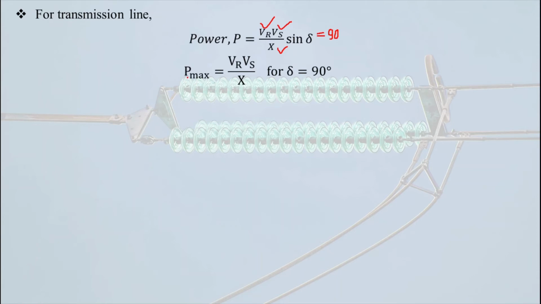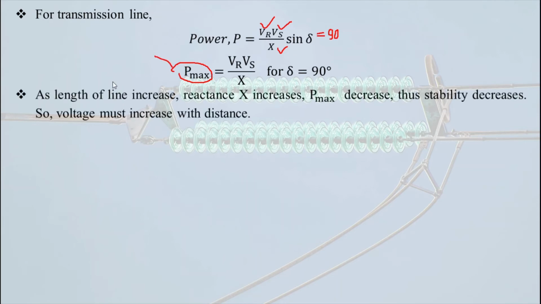Maximum power is the indicator of stability. I will derive all these expressions in my upcoming lecture, so don't worry. Right now just remember this expression, and you have to remember three things. First, P equals VR into Vs by X sin delta, and second, Pmax equals Vs into VR by X, and third, Pmax is indicator of stability.